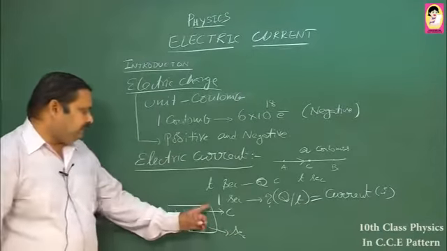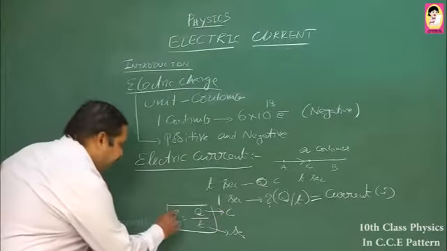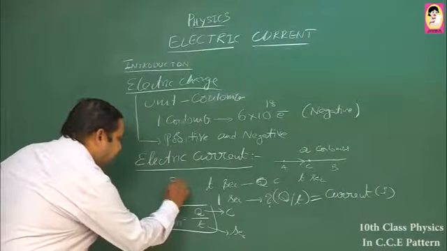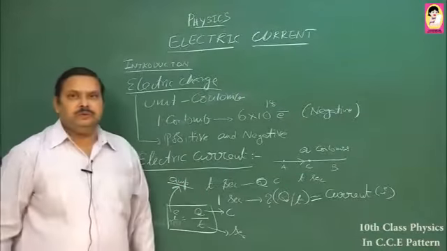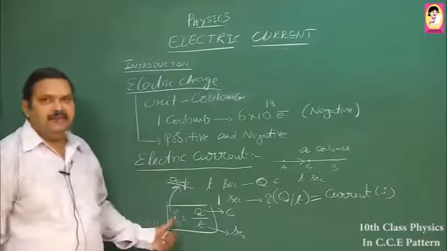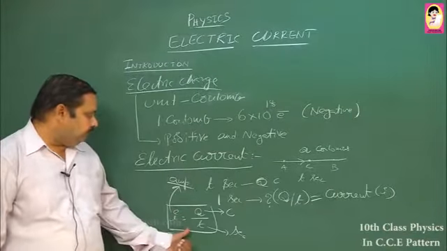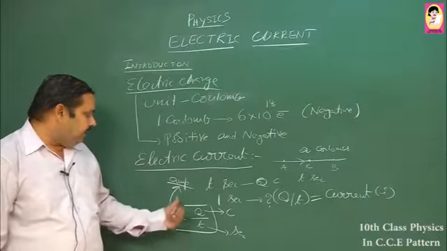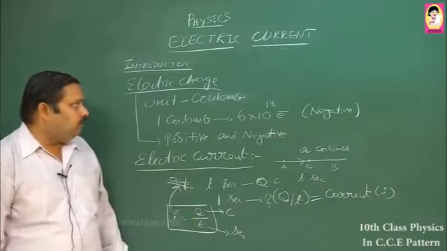If q is in coulombs and t is in seconds, then the current I will be in amperes. So, the formula is I equals q by t, and the unit of current is ampere. Then what do we mean by 1 ampere?